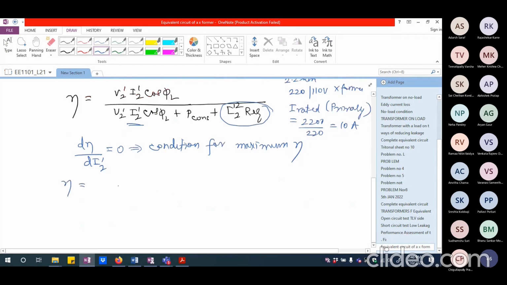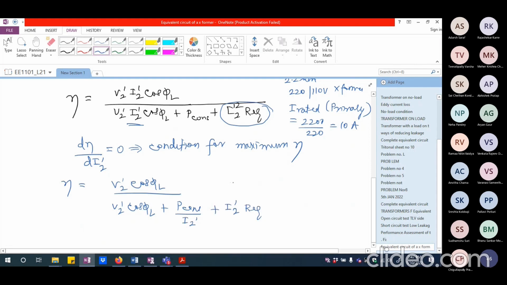First of all, let me write eta equal to V2 dash I2 dash cos phi L, and divide the numerator as well as the denominator by I2 dash. So I can say V2 dash cos phi L divided by V2 dash cos phi L plus P constant divided by I2 dash plus I2 dash multiplied by R equivalent. This is the efficiency.